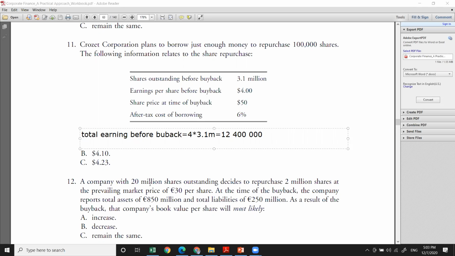Total amount of money that you will borrow to repurchase the shares: the number of shares you will repurchase is 100,000 shares, and the share price is $50. So debt is equal to 100,000 shares times $50, which is 5 million.